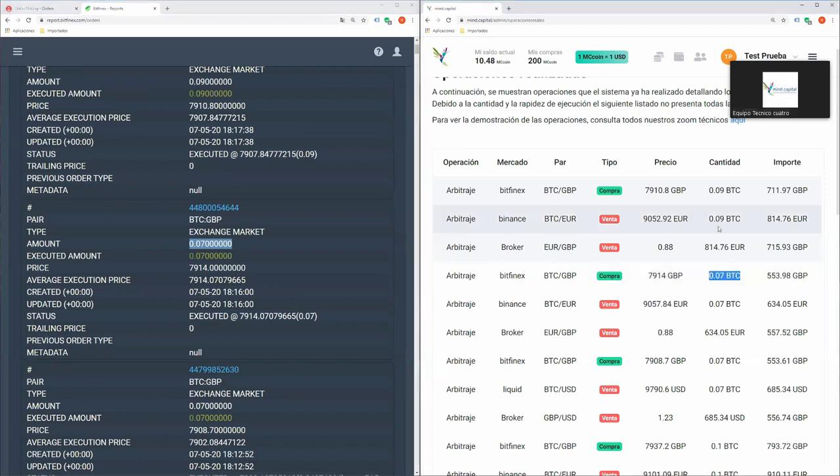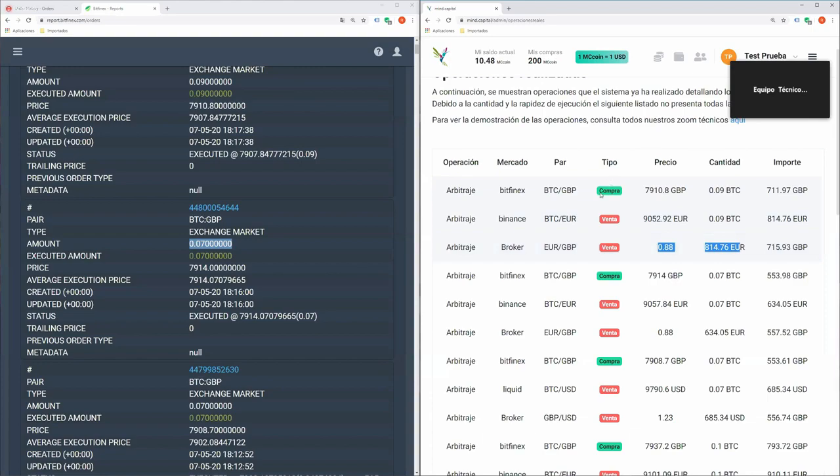Pretty clear. I was thinking about explaining how we make profits. So we buy in Bitfinex this amount, 711.97, and we sell in Binance, but in euros. So we get 800. The close operation in broker, exactly. The operation in broker is this.